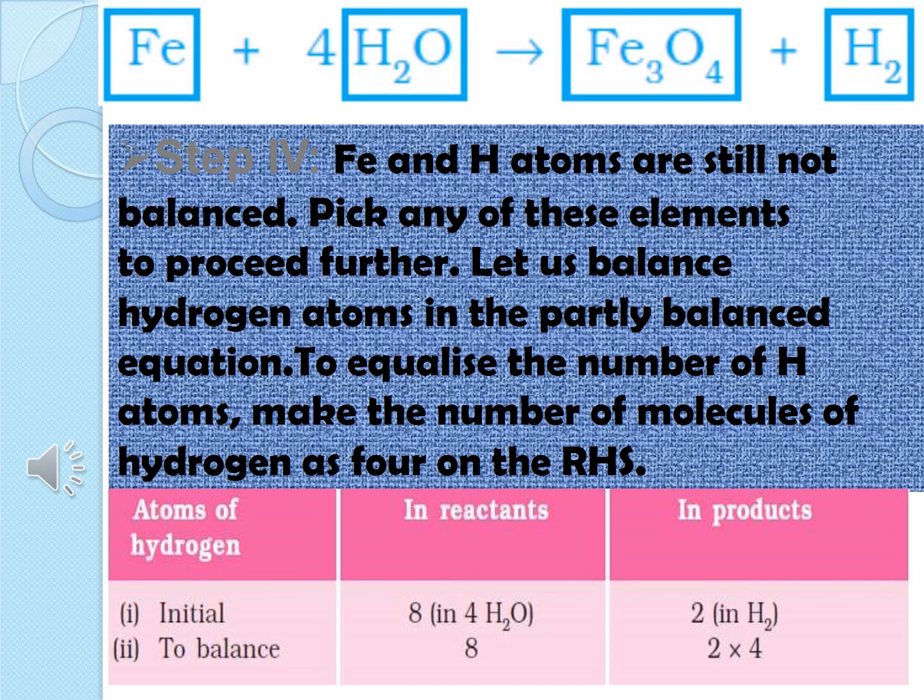Now, moving towards step 4, which is to check whether the other elements are balanced or not. Here, iron and hydrogen atoms are still not balanced. To balance hydrogen, multiply H2 by 4 on the product side. Now the equation becomes Fe plus 4H2O gives Fe3O4 plus 4H2.